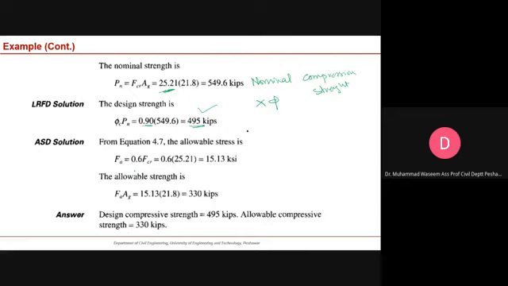Now for ASD, we discussed that you can use the stress formulation. You have critical stresses, now you multiply it by 0.6. So this is the allowable stress. Similarly, you multiply this allowable stress with the gross cross-sectional area, so you will get the compression strength based on ASD.